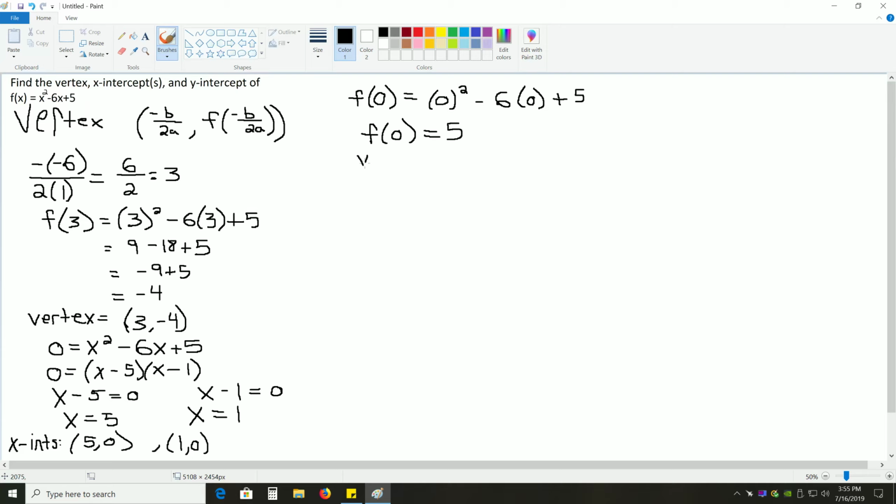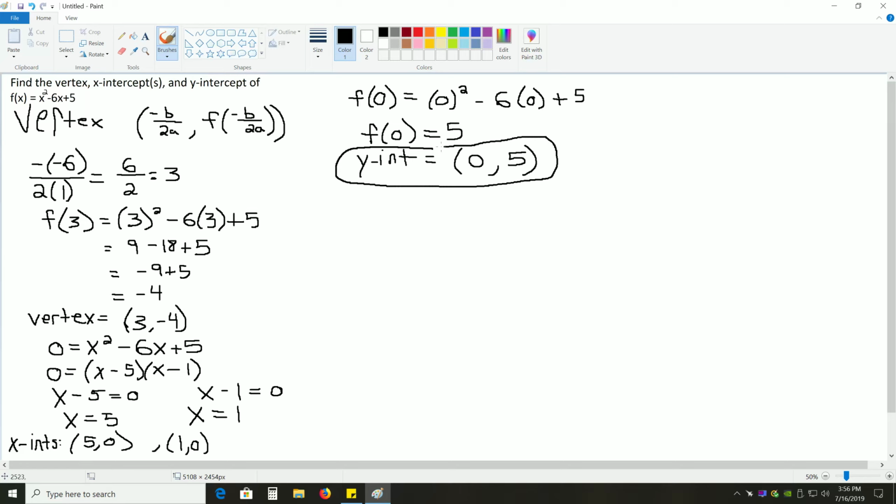So our y-intercept in this case is the point, we said the x value is 0, and the y value is what we just solved for. It is the point 0, 5.